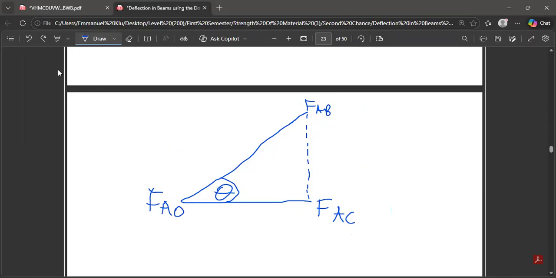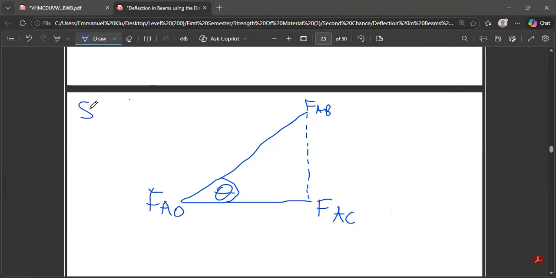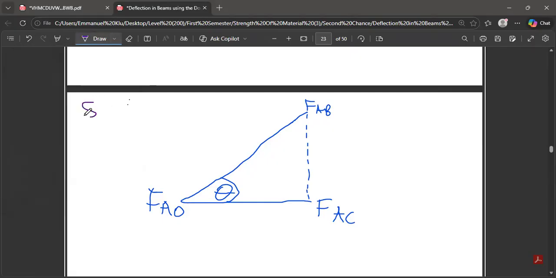So we are going to use the principle that we know of, SOHCAHTOA. So we have over here the SOHCAHTOA.